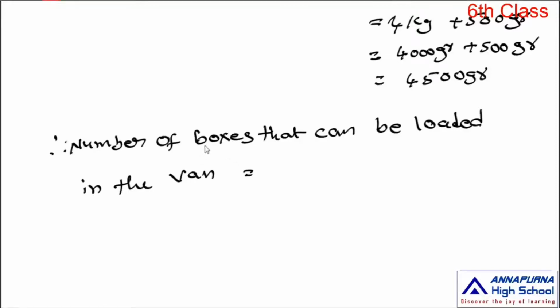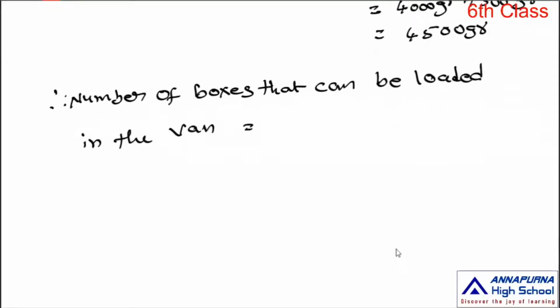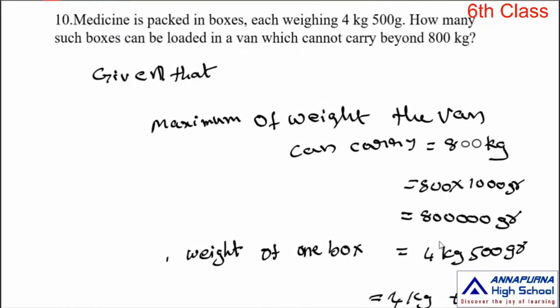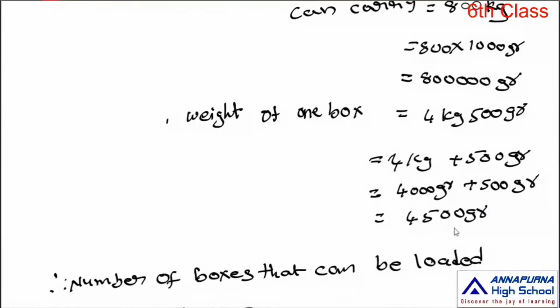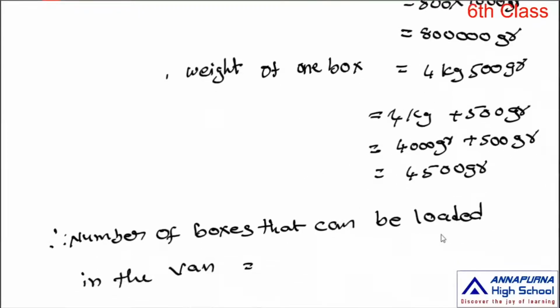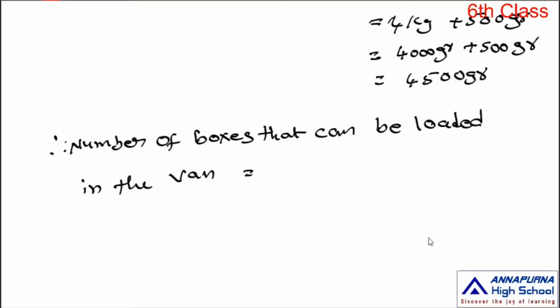Here van capacity is 8 lakh grams. Weight of one box is 4500 grams. This is completely a division problem. The capacity of van by capacity of each box. Capacity of van 8 lakh grams by 4500.